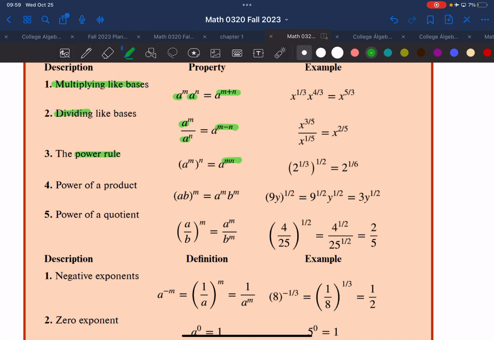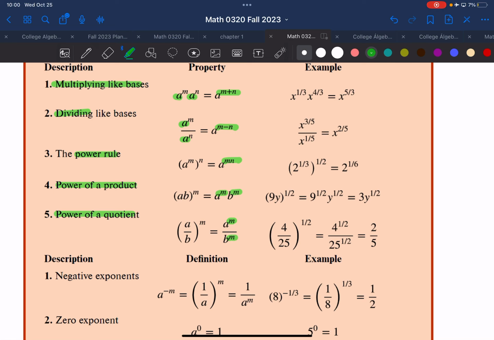We also talked about the power of a product. So if we have two things being multiplied and they're in parentheses, we said that that exponent goes to both. It goes to everything inside that parentheses. Same with power of a quotient. If we had a fraction raised to an exponent, that's the same as giving that exponent to the numerator and the denominator.